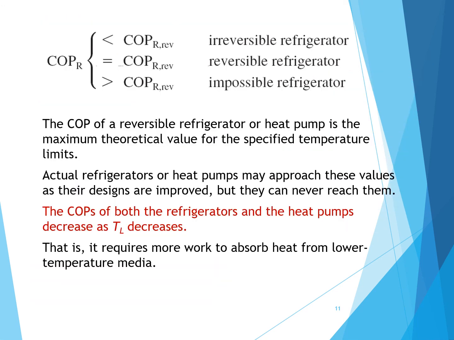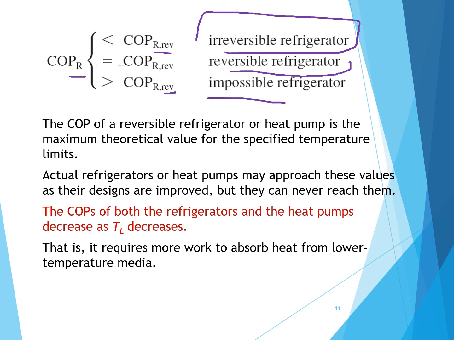To summarize, if the coefficient of performance of a refrigerator is less than that of the reversible refrigerator, it is an irreversible refrigerator. If the COP is equal to the COP reversible, it is a reversible refrigerator. And if the COP is greater than that of the reversible refrigerator, it is an impossible refrigerator.